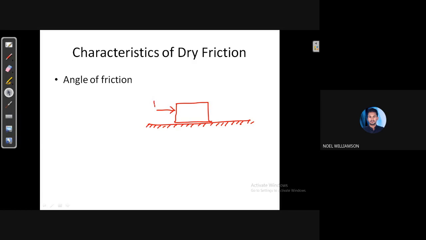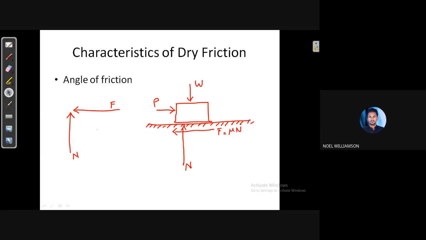This is the applied force P, and the weight of the body is W. When a force P is applied in this direction, the frictional force is developed by the surface in the opposite direction, which is F equal to mu into N, and there will be a normal reaction N. So there are two forces, the normal reaction N and the frictional force F, acting in these particular directions.